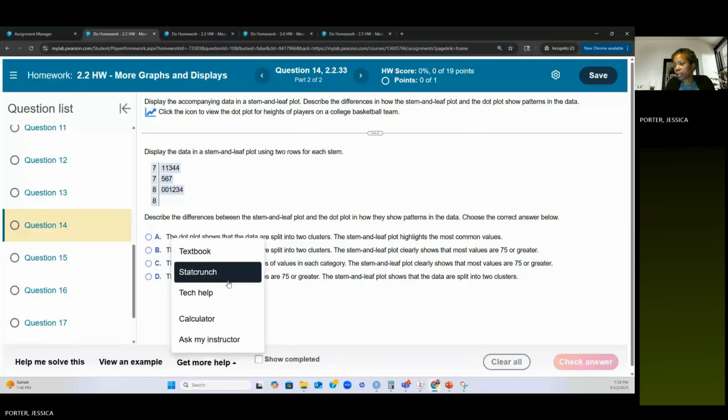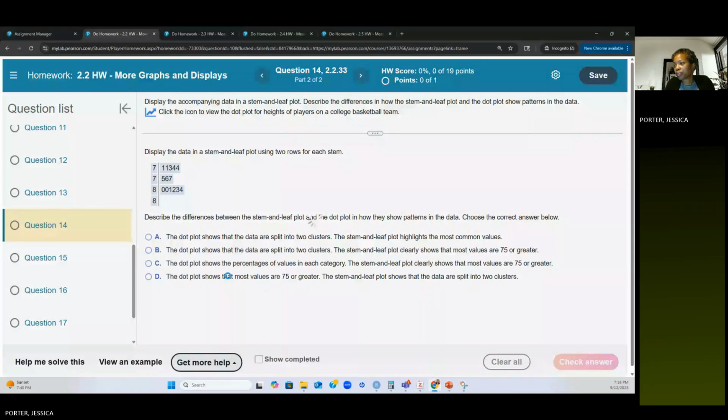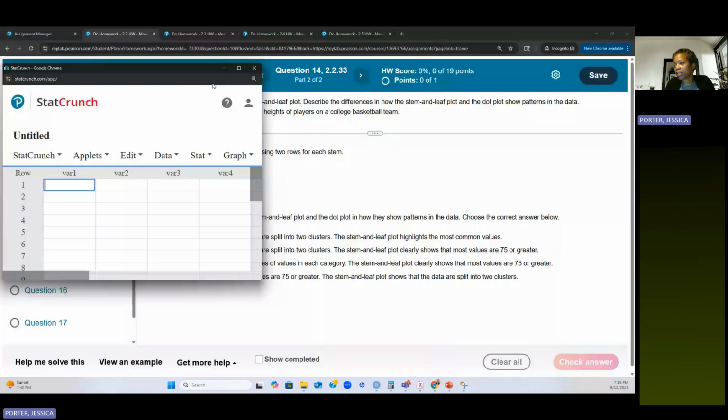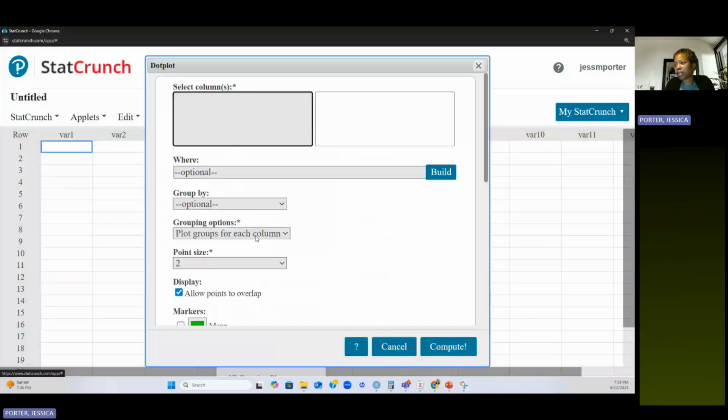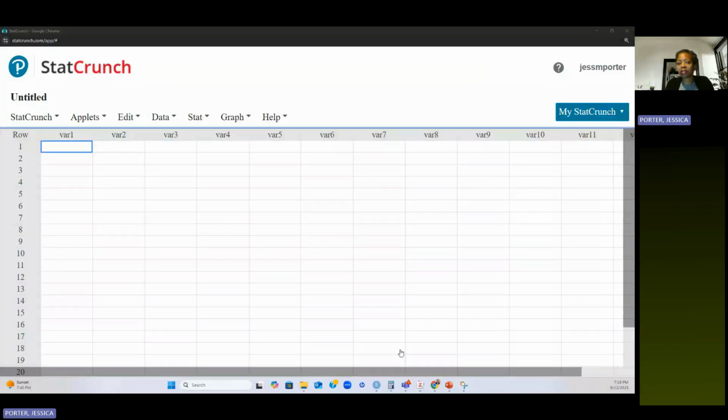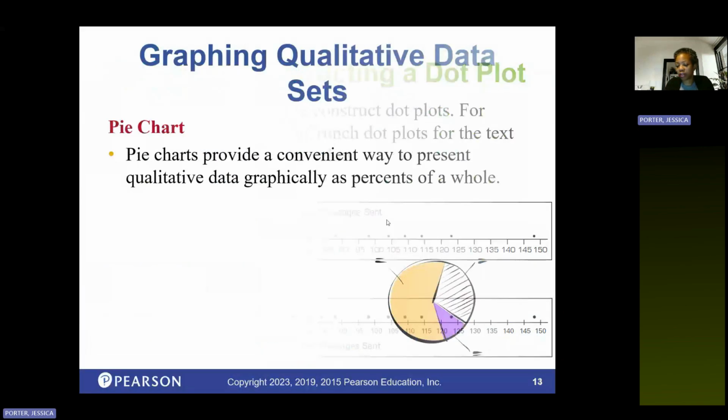In StatCrunch, you'll go graph and then dot plot. Now it's going to ask you, where's your data at? And we don't have any. Let me see if I can grab some data real quick.